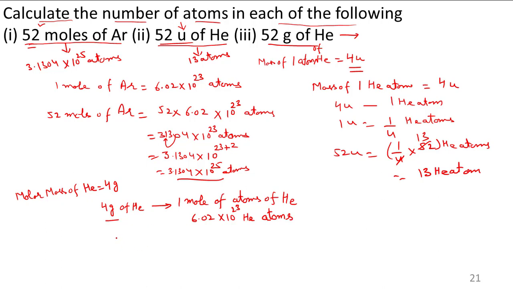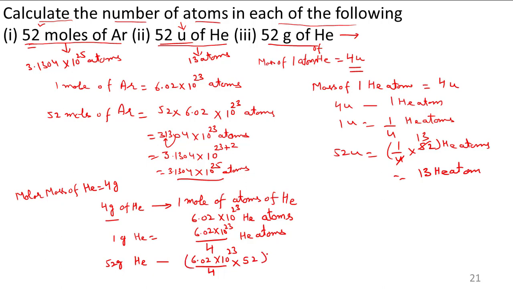Again we will apply the unitary method. So 1 gram of helium contains 6.02 into 10 raised to the power 23 by 4 helium atoms. We have to calculate in 52 grams. 52 gram helium contains 6.02 into 10 raised to the power 23 divided by 4 into 52 helium atoms.